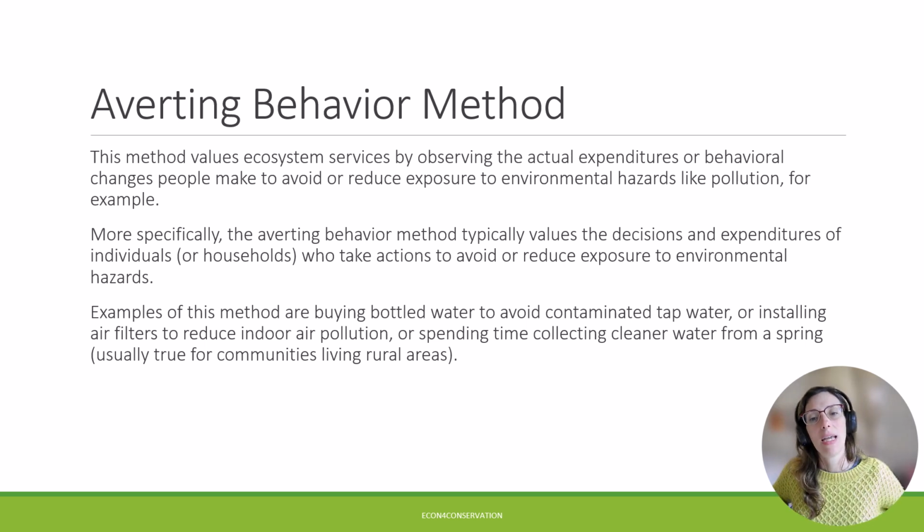Once you have the data, you can calculate the value by multiplying the average spending per averting household or individual by the number of households, or again individuals, who actually incur the cost. So when using this method, you should not multiply by the total population, like the total households, unless all are affected and all take action, which is unlikely.